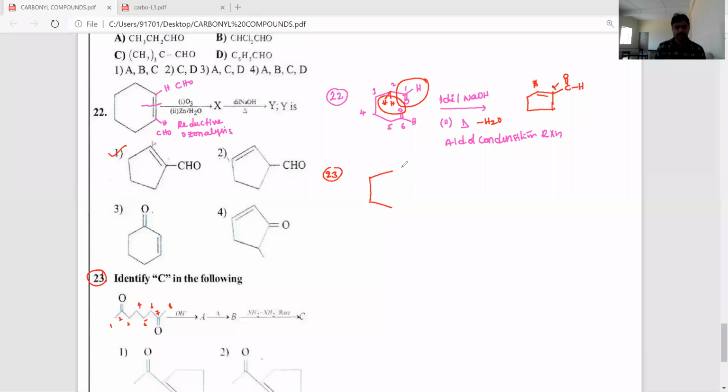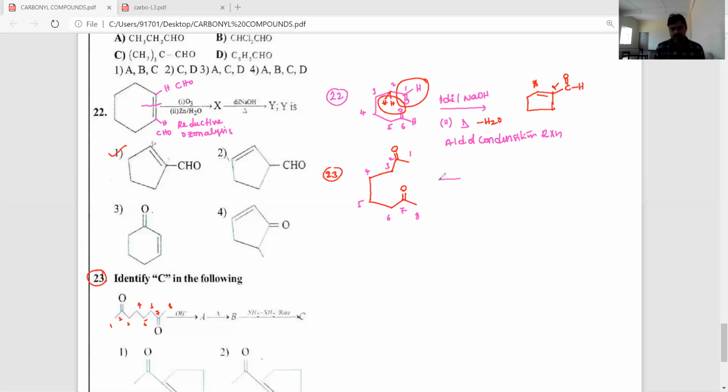Like this, 4 carbons are present. C double bond O CH3 is present on both sides. Now the total number of carbon atoms, how many are present, dear students? Let's count. This is 1, 2, 3, 4, 5, 6, 7 and 8.